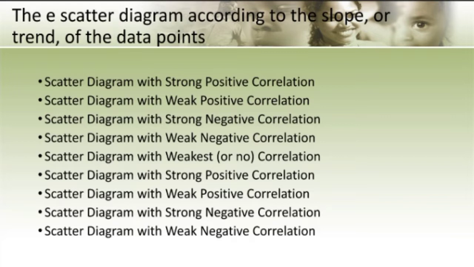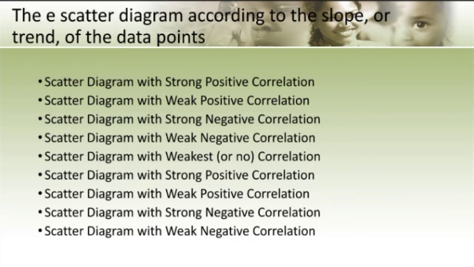And the weak correlation means the trend is less clear. A flat line from the left to the right is the weakest correlation, as it is neither positive nor negative. A scatter diagram with no correlation shows that the independent variable does not affect the dependent variable.